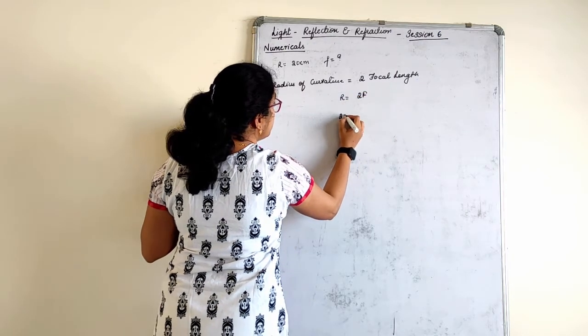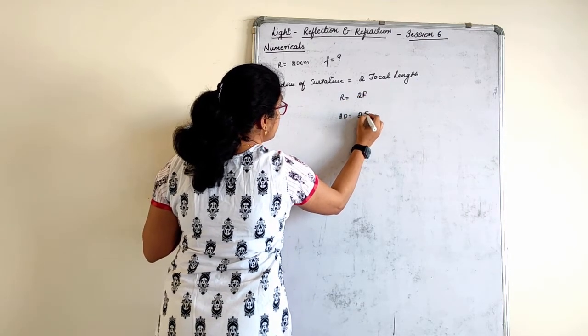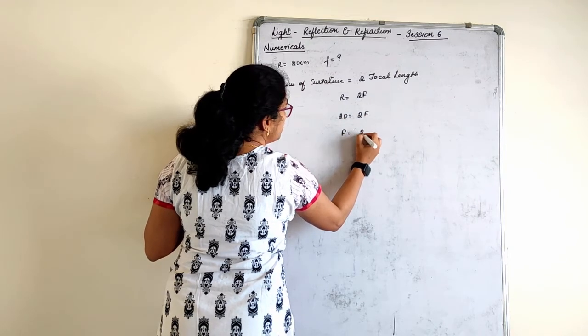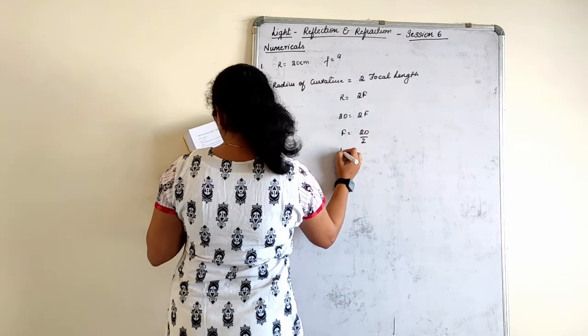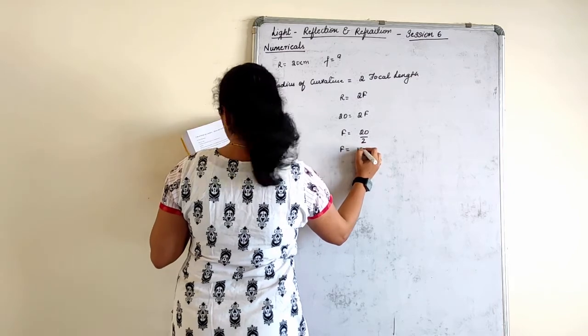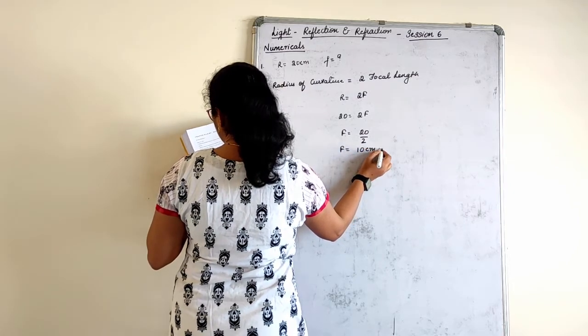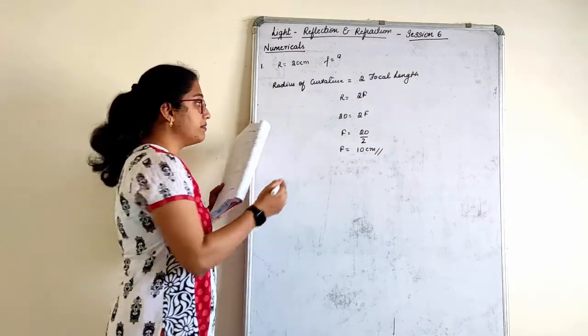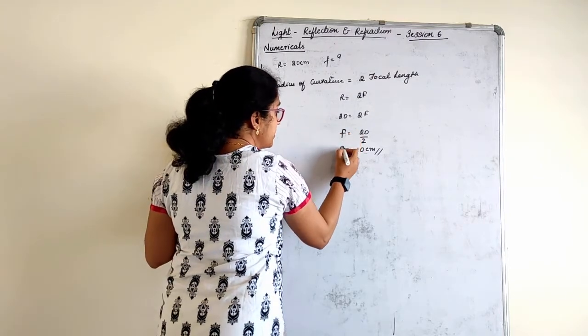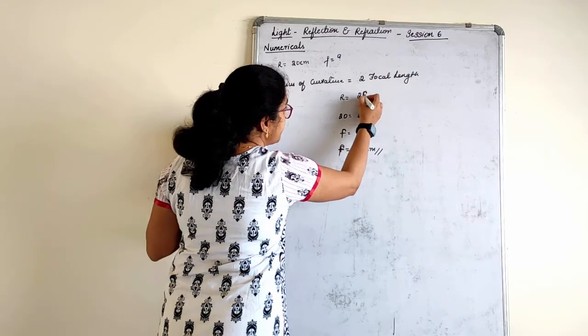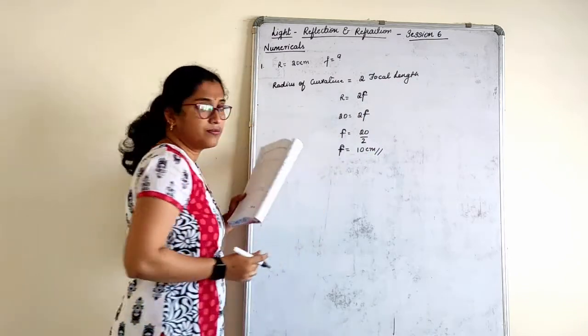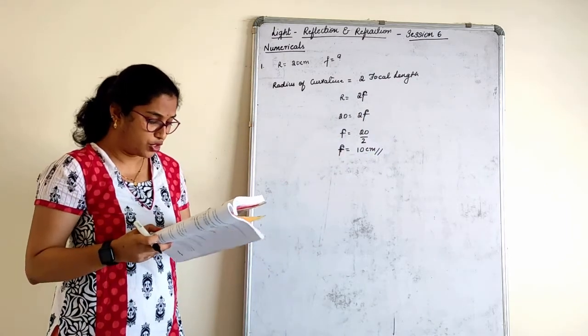So R is given as 20, so 2 times of f. So focal length, this is very simple actually. So focal length is nothing but 10 centimeter. Hence, the focal length of the given mirror is 10 centimeter. We use smaller f here. Yes, a 1 mark type of a question.